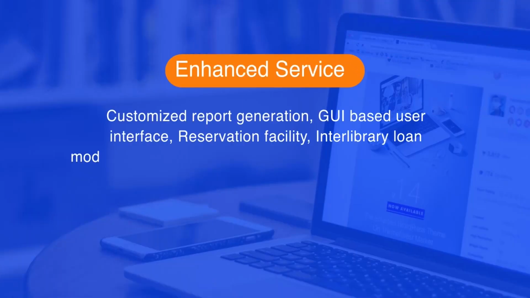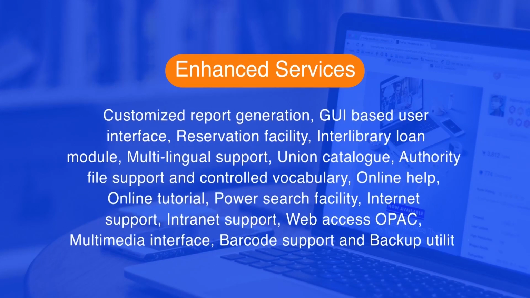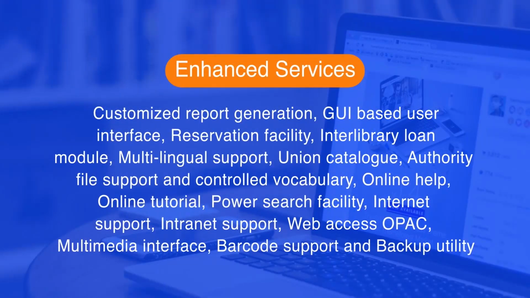Now, in case of enhanced services, these are considered as enhanced services: customized report generation, graphical user-based user interface, reservation facility or hold facility by the end user, interlibrary loan protocol support, ILL protocol support. During our previous tutorial, I have demonstrated to you that presently ILL or interlibrary loan is a part of Koha ILS.